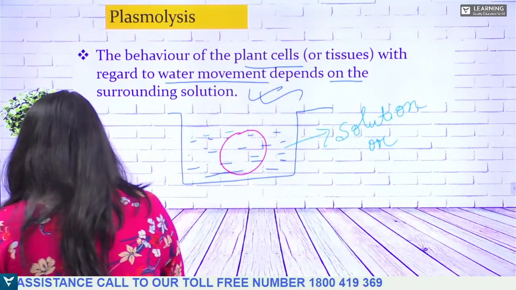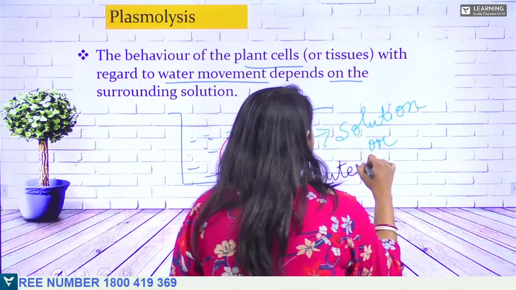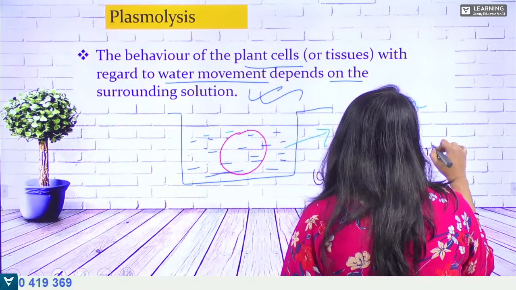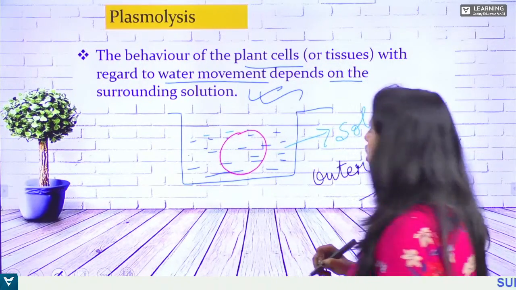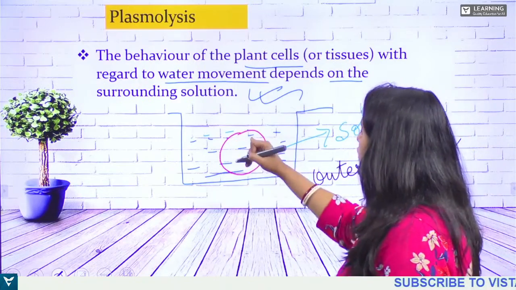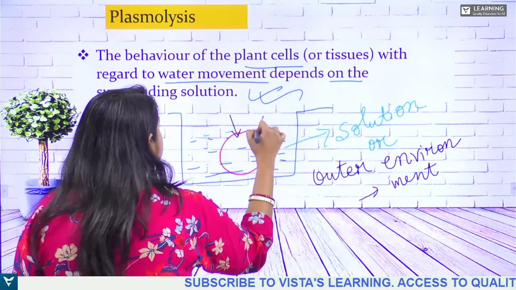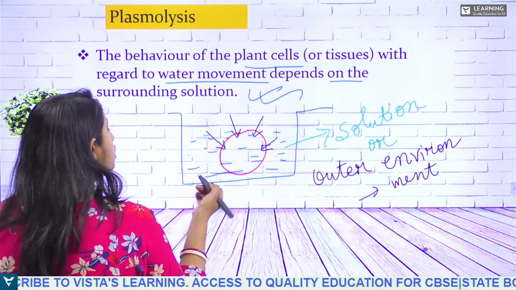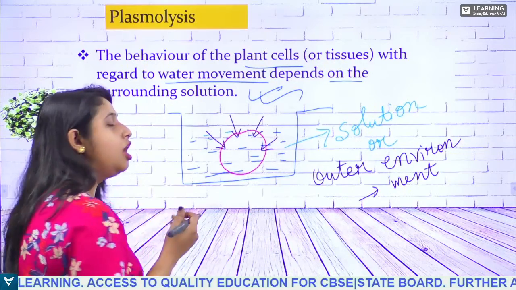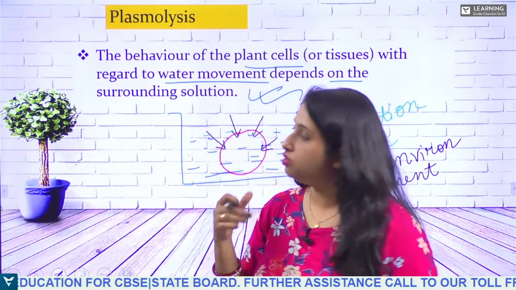It depends on the solution, or the outer environment, where the cell is being placed. Depending on that, water either enters into the cell or moves out of the cell.